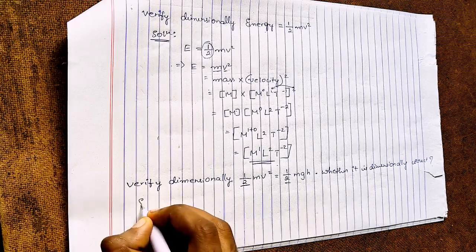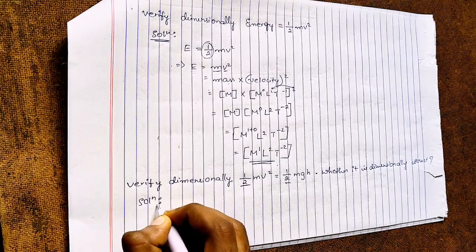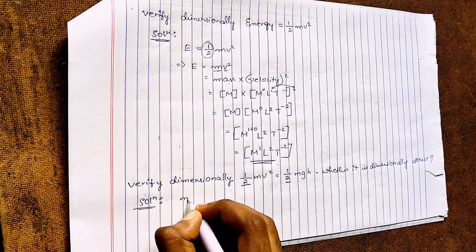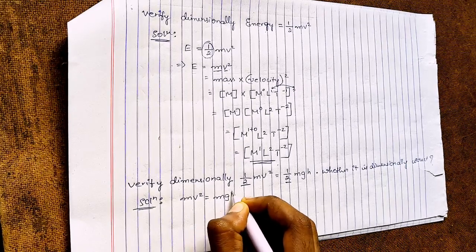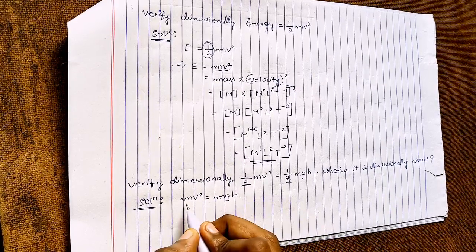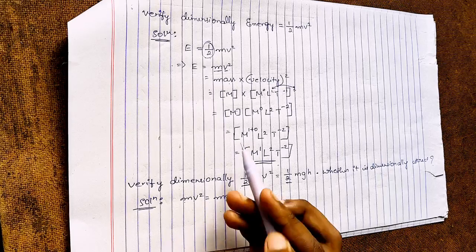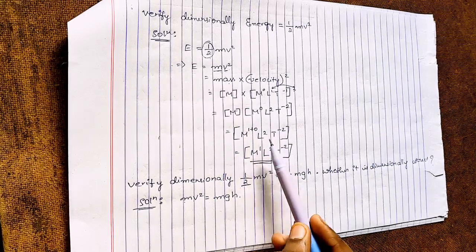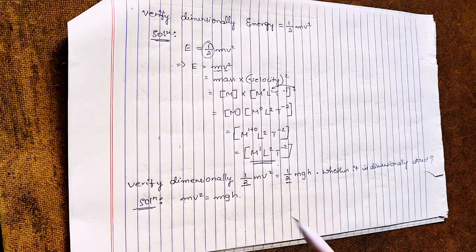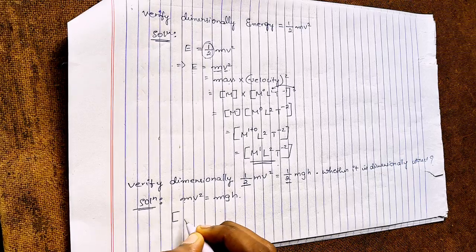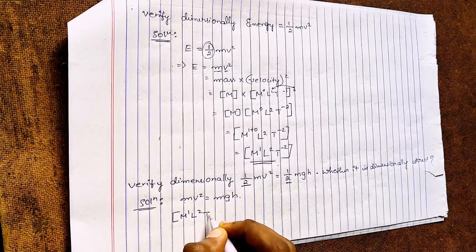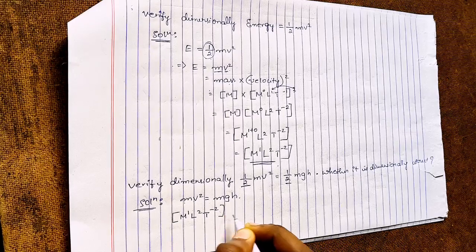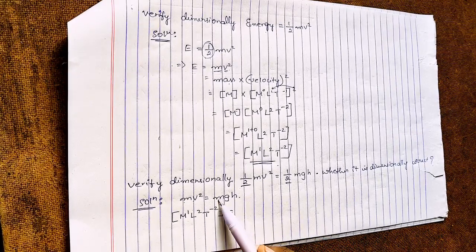Our equation is half mv square is equal to half mgh. I already told that in this problem we are neglecting the constant, so I rewrite the equation as mv square is equal to mgh. We already solved for mv square in our previous problem: M^1 L^2 T^-2, which is equal to mgh.